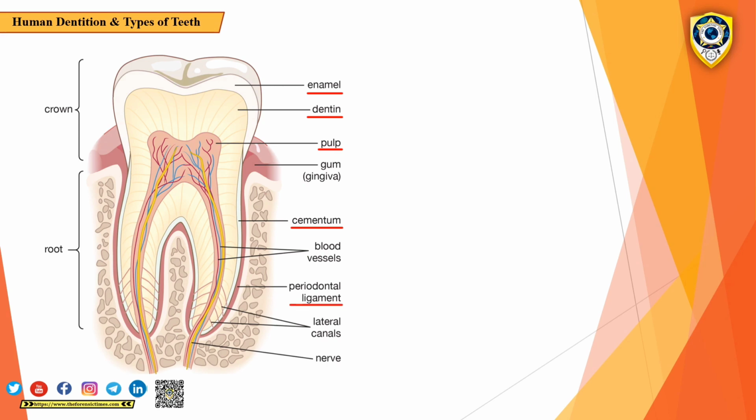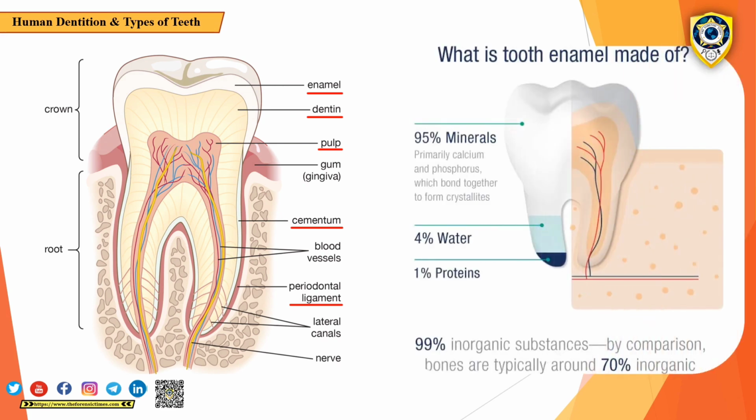A quick question here. Which is the hardest substance in the human body? The answer is not the tooth, but it is the enamel that covers the crown portion of the tooth. So what makes the enamel the strongest substance? It's because of the composition of the enamel. Enamel consists of 99% of inorganic substances, of which 95% are minerals, primarily calcium and phosphorus.